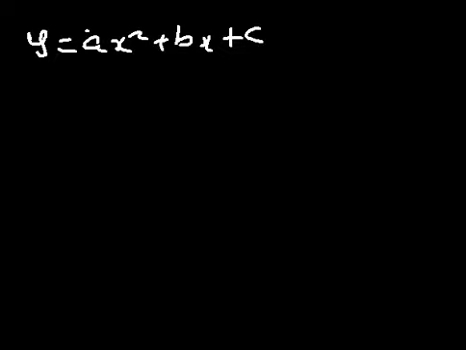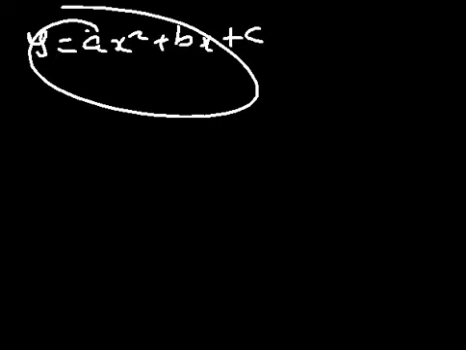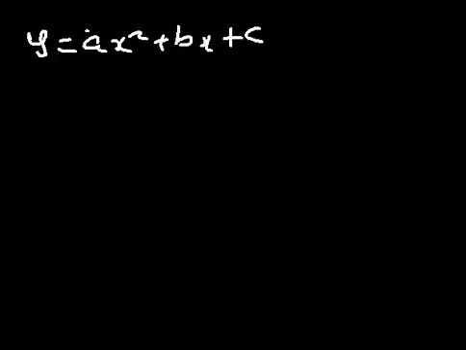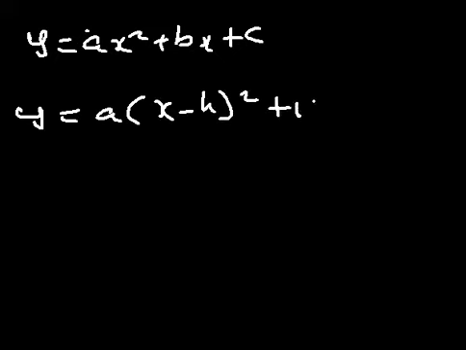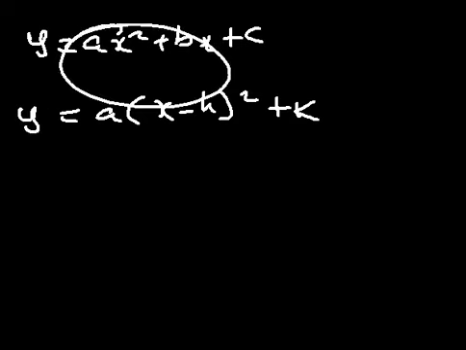You should understand that the function has to be translated in this form: y is equal to a times (x minus h) squared plus k. This is the translation key, the graphing key for the quadratic functions.